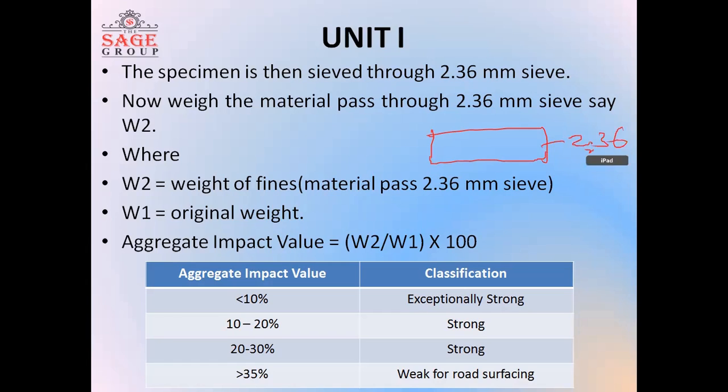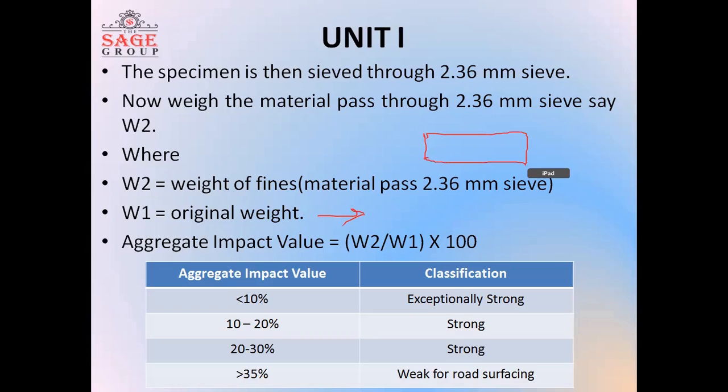Now, weigh the stone pieces which pass through the 2.36 mm sieve. That means the material coming out from the sieve is collected in a cup or the mold, and the weight of the material collected is noted down. In this procedure, the original weight of the stone before the impact test is taken as W1, and W2 is the weight of the material which passed through the IS 2.36 mm sieve.